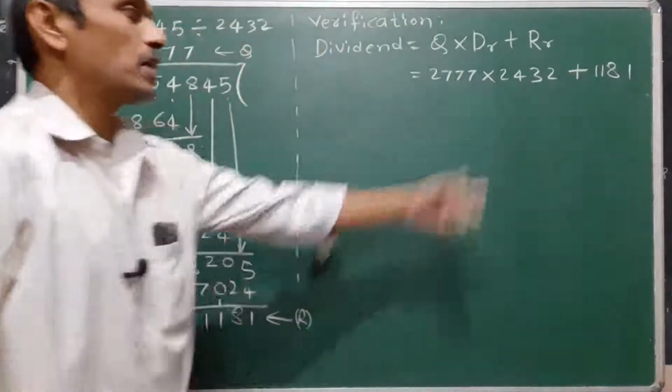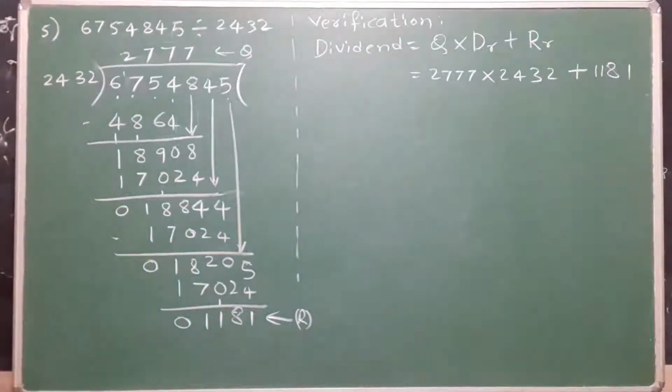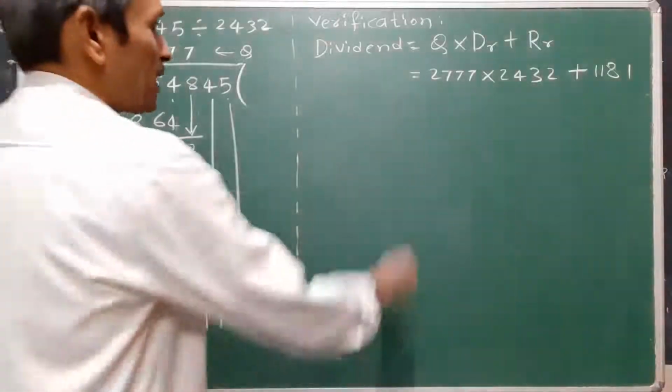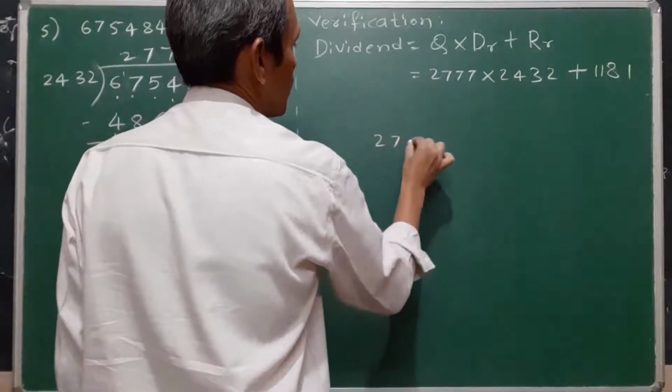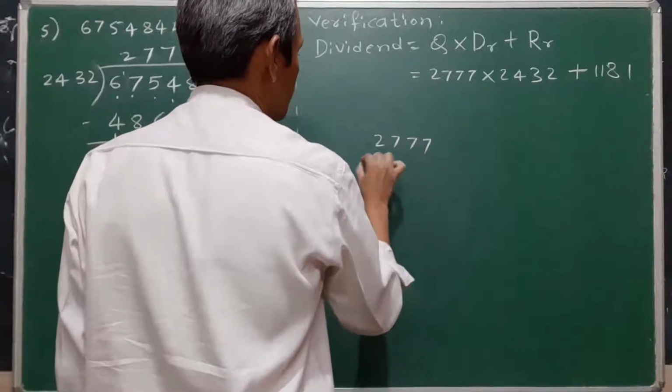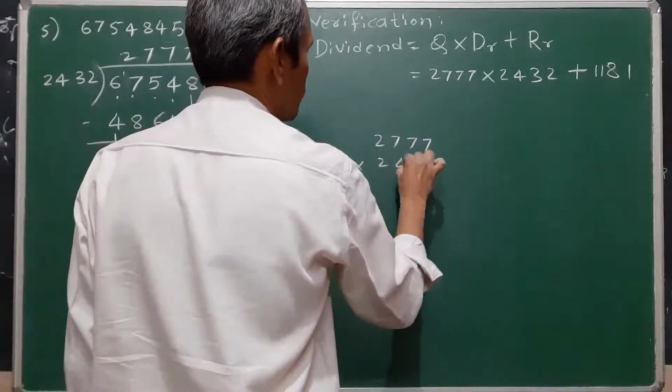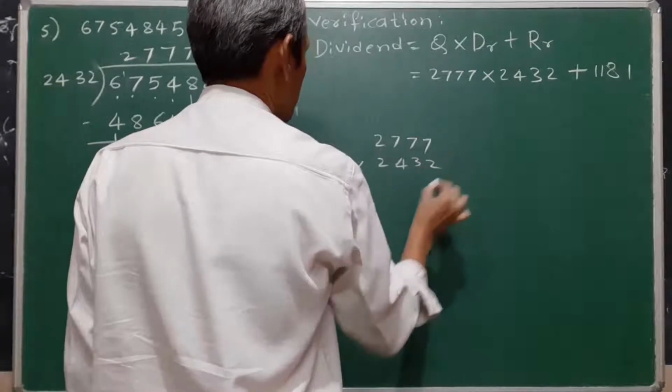First we will multiply these two, quotient and divisor, then we will add the product of these two to the remainder. We will get dividend. Let us start. 2777 into 2432.